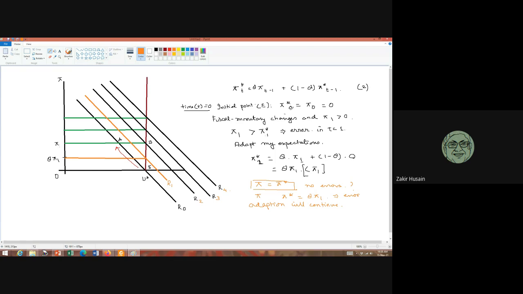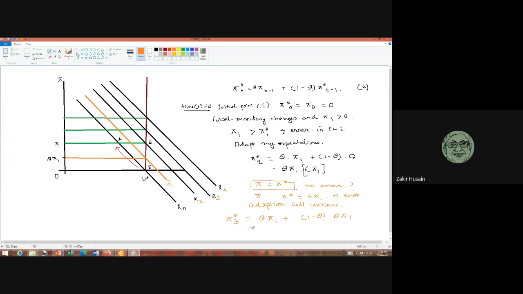So if I put this into the model, what I get in the next period is pi star t is equal to theta pi 1 plus 1 minus theta. This is no longer 0. But what is this? This is theta pi 1.